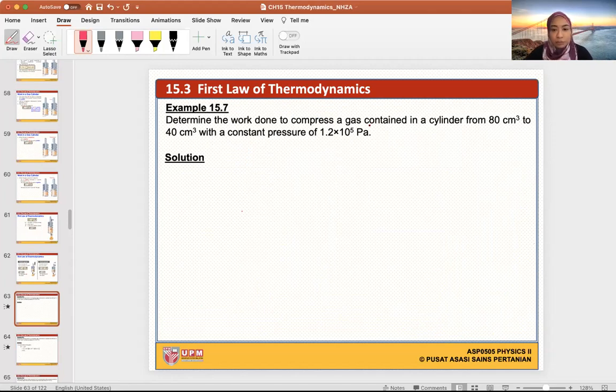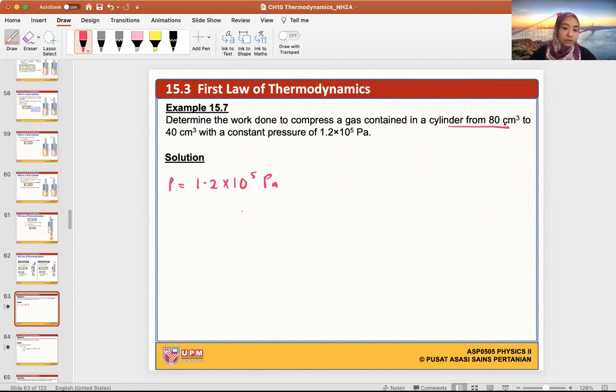Determine the work done to compress a gas contained in a cylinder from 80 cm³ to 40 cm³ with a constant pressure of 1.2 times 10 to the 5 Pascal. Okay, so the pressure is given. I want to write neatly. Pressure is 1.2 times 10 to the 5 Pascal. And we have the change in volume, right?